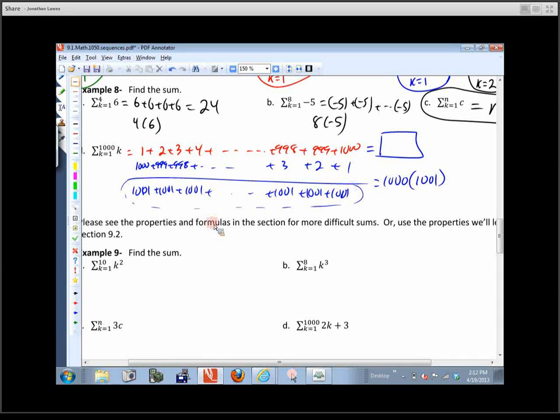It's two of the original list. It's the same list written backwards. So there are two of them, so we divide that by 2. So this is going to be 500 times 1,001. And if I'm not mistaken, that's 500,500.